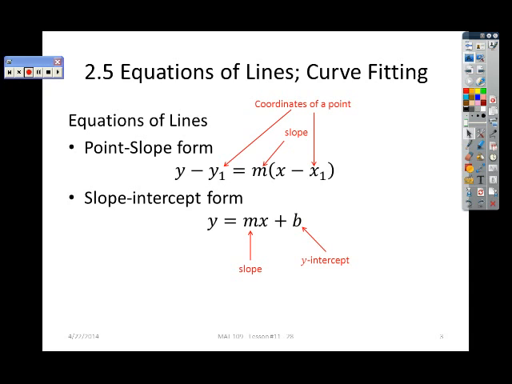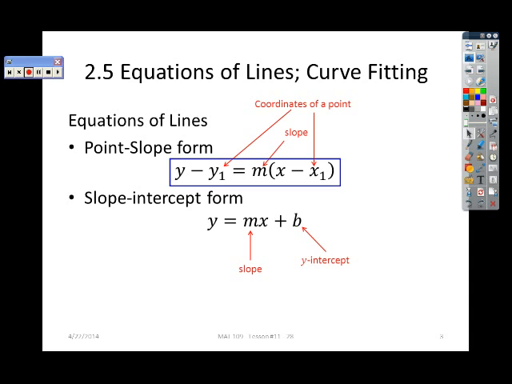The y-intercept, if you remember, is the point where the graph crosses the y-axis. So this is the value of y when the line crosses the y-axis. It's also the point where x equals 0. Either form of the equation can be used to do the curve fitting.